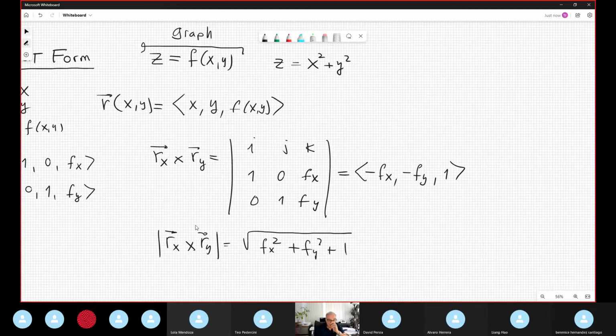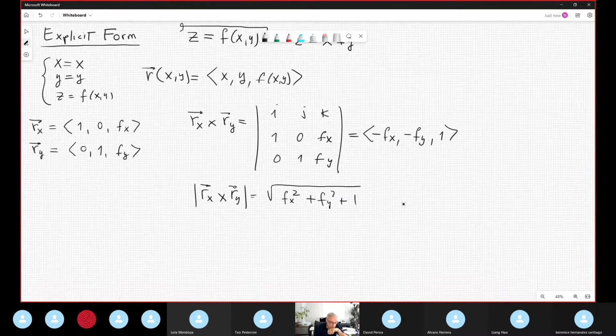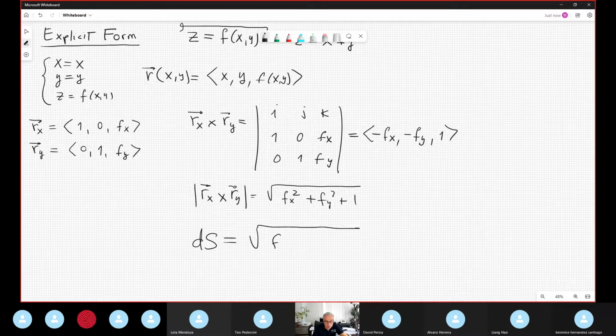So from this point of view, we can compute the famous dS: square root of fx squared plus fy squared plus 1, and you put here dx dy.